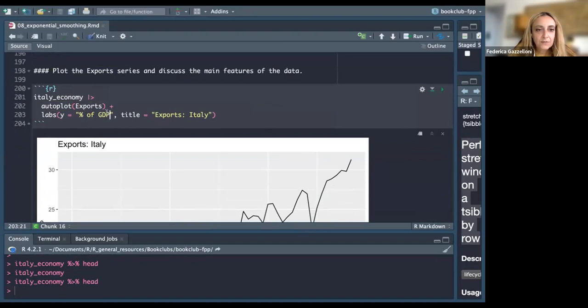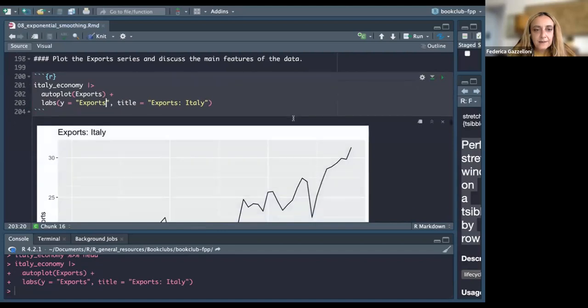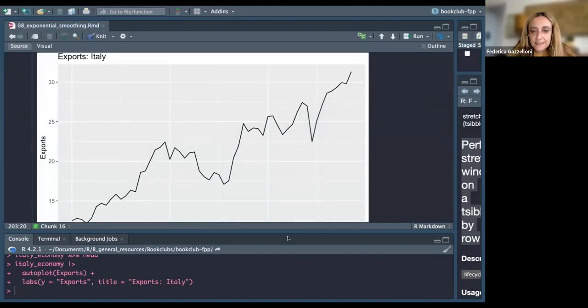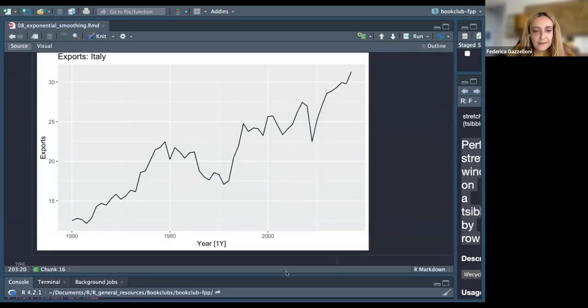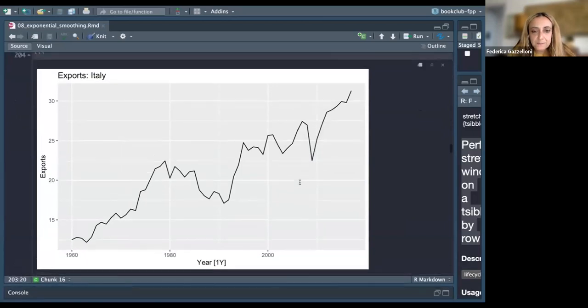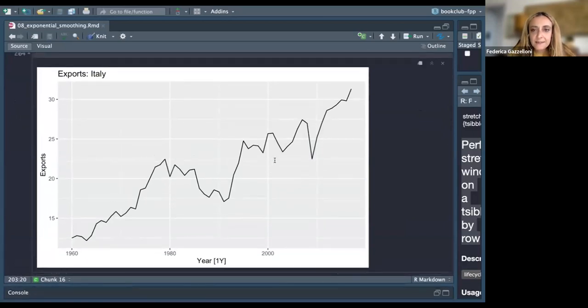Percentage of these are exports. Okay. So we can see this is basically the time series, and it is growing along the time.